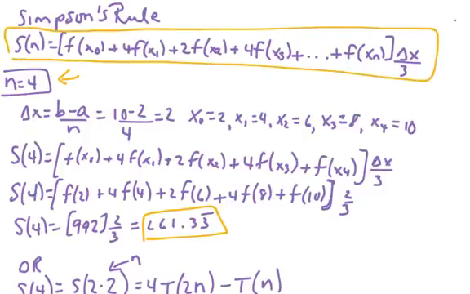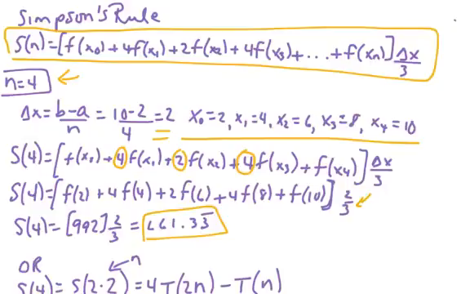And then you just find your delta x, which is 2 when n equals 4, and then you've got your x sub k values, and substitute into the formula f of x sub 0 plus 4 f of x1 plus 2 f of x2 plus 4 f of x3 plus your last is just f of x4. So again, you have the alternating of these 4, 2 going on till you exhaust the number of subintervals, and then you multiply that quantity by delta x over 3, which is simply 2/3.